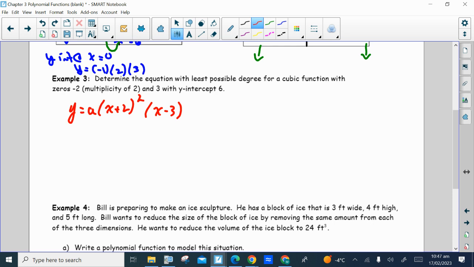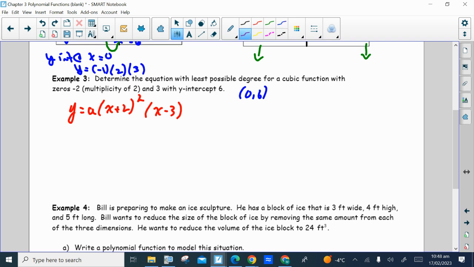And this is why you're given another point on the graph. It might be the y-intercept, or it might be some other point somewhere else. But if the graph goes through a y-intercept of 6, which again is the point (0, 6), it means that that point must satisfy the equation. When x equals 0, y must equal 6.